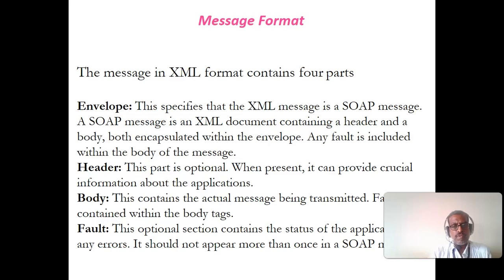Header is also an optional part of the XML format. When it is present, it provides some important information to interpret the message, right? It gives important information regarding the interpretation of the message.